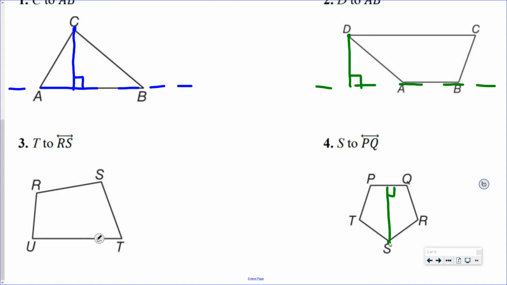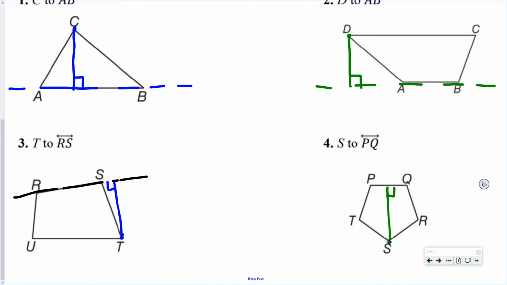I have a quadrilateral in number 3. Let's see, T to RS. Probably going to have to extend RS a little bit. So point T. Something like that. Probably just right outside that quadrilateral.